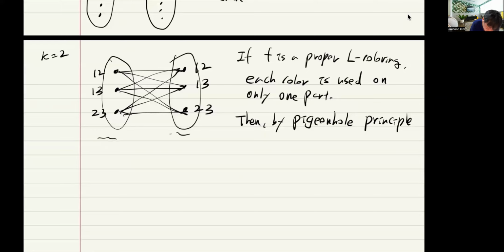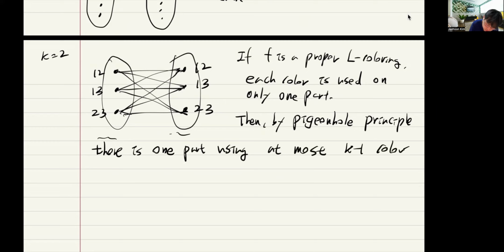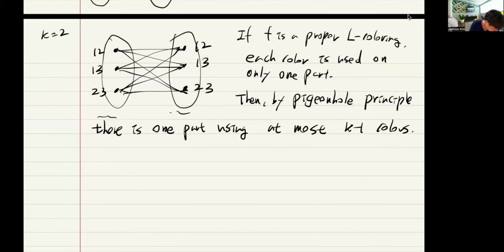That means there is one part using at most K minus 1 colors, because 2K minus 1, no matter how you partition it, one part has size at most K minus 1. Then let's say this is the part.